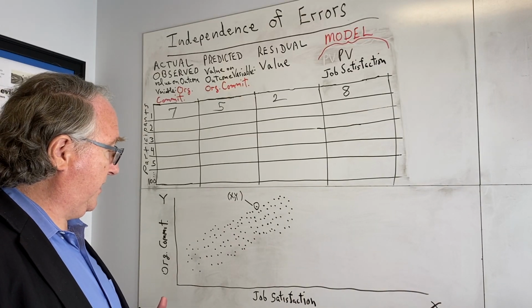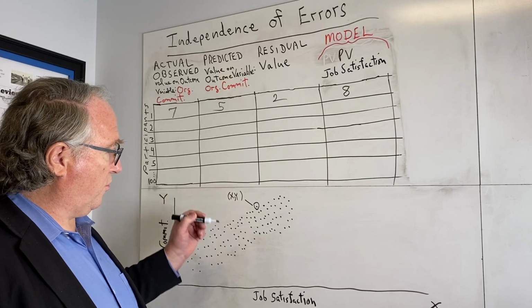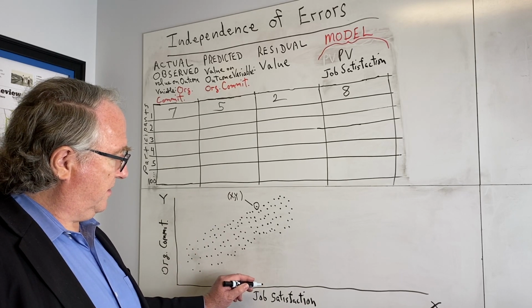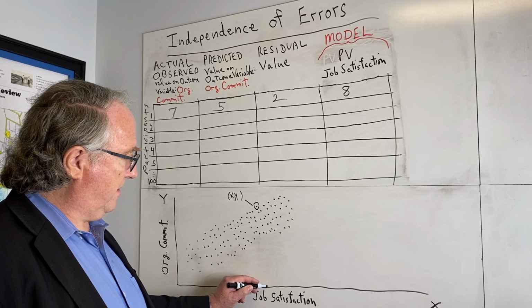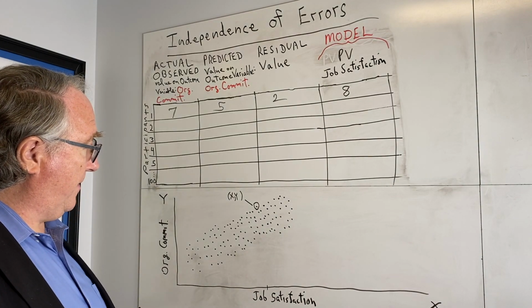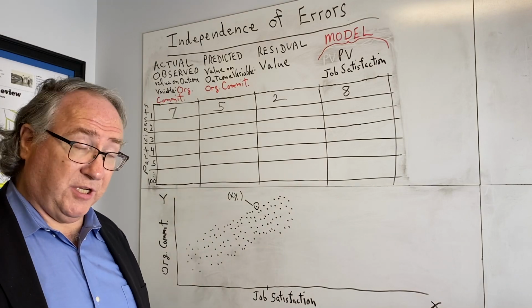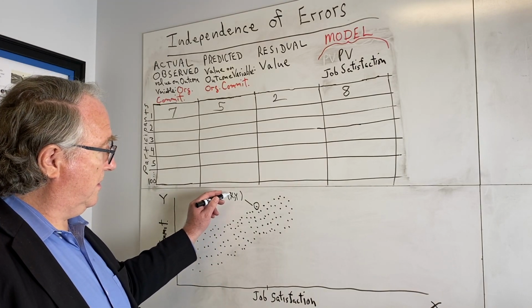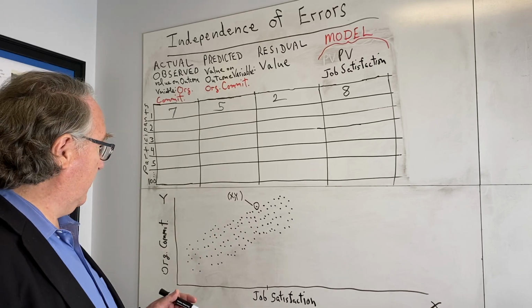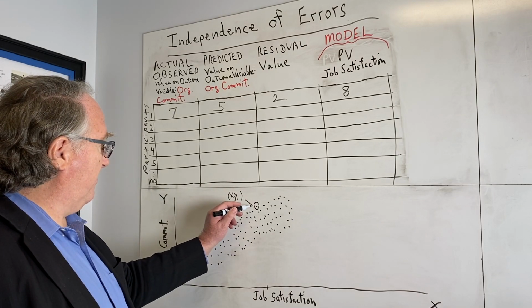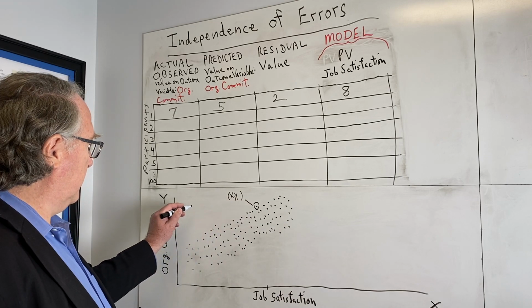This participant got a particular score on job satisfaction, right here, and that same participant also got an actual observed score on organizational commitment, over here.